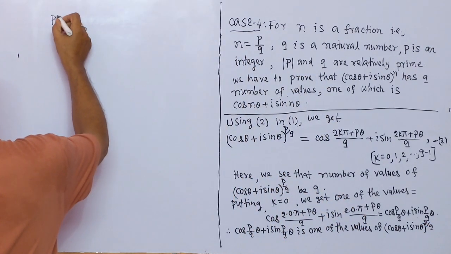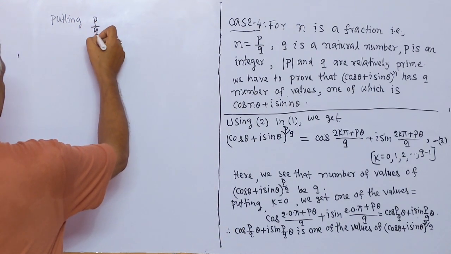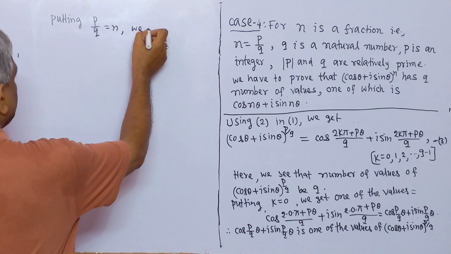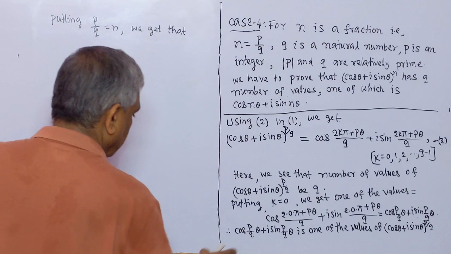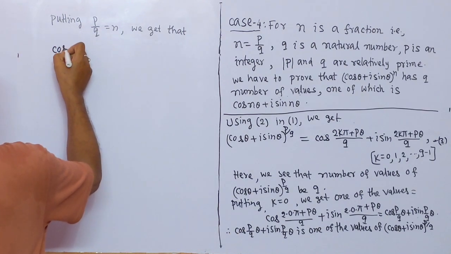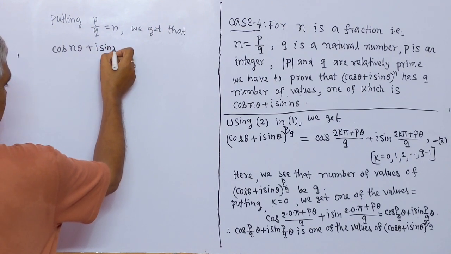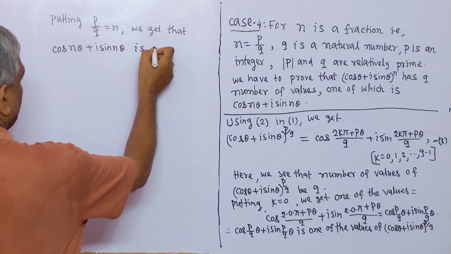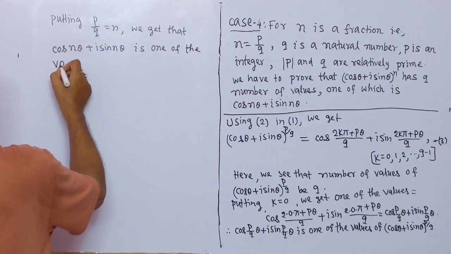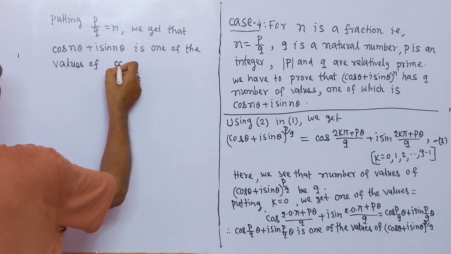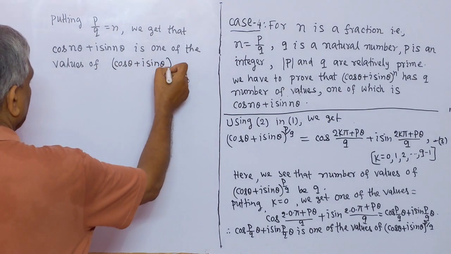Putting p by q equal to n, we get that cos n theta plus i sin n theta is one of the values of (cos theta plus i sin theta) to the power n.